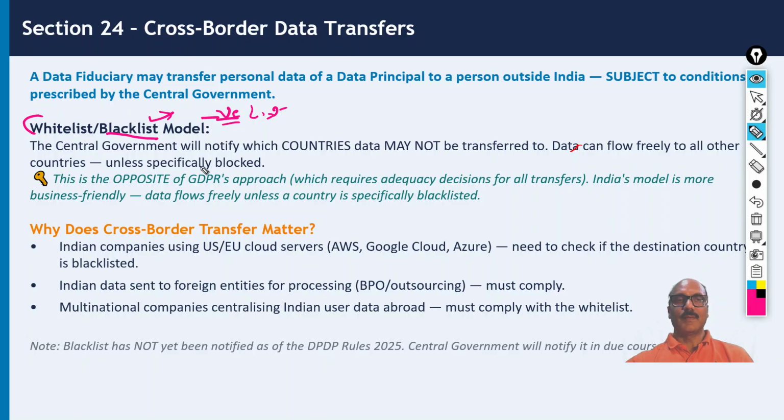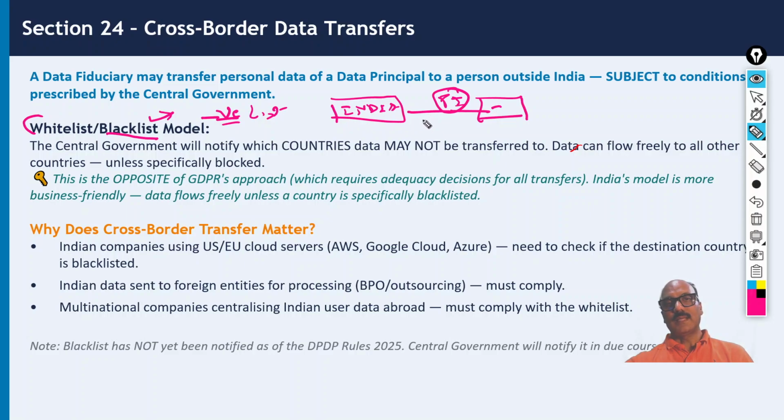Why is it called that? Let's say India can transfer the personal data, personal information outside of India, except to the list of countries notified by the government of India.